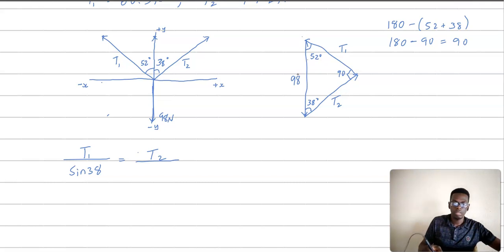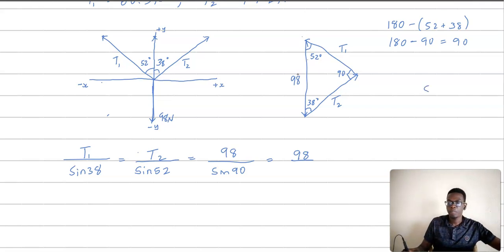That should equal the ratio of this side, 98 Newton, over the angle opposite it, which is 90, so 98 over sine 90.